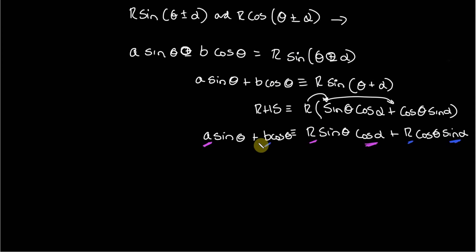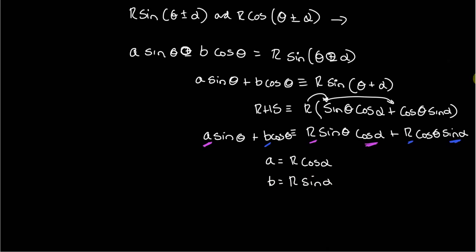What's really curious, and actually we can prove this more deeply by looking at the graph transformations, is that if a sine theta equals r sine theta cos alpha, then a has to equal r cos alpha. Likewise, if b cos theta equals r cos theta sine alpha, then b has to equal r sine alpha.